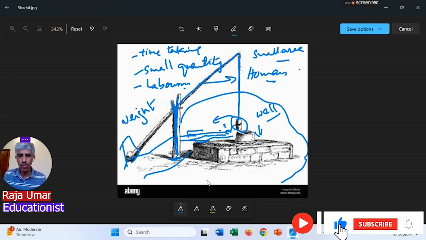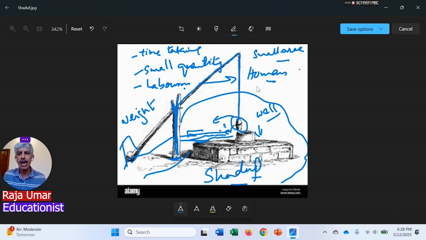So this was Shaduf, S-H-A-D-U-F. So this is the irrigation method, and a couple of plus points are over here, and a few minuses. So whenever it is asked what the advantages and disadvantages of using Shaduf in the irrigation methods are, you can explain these points.